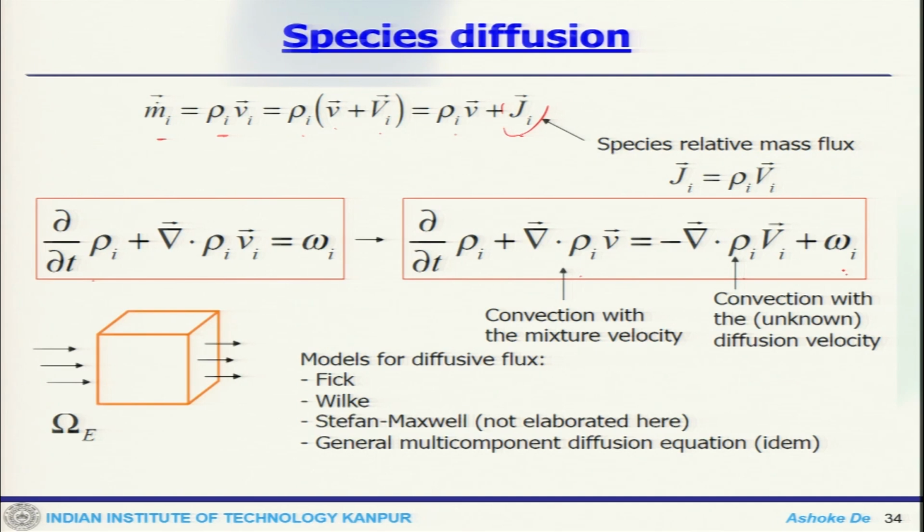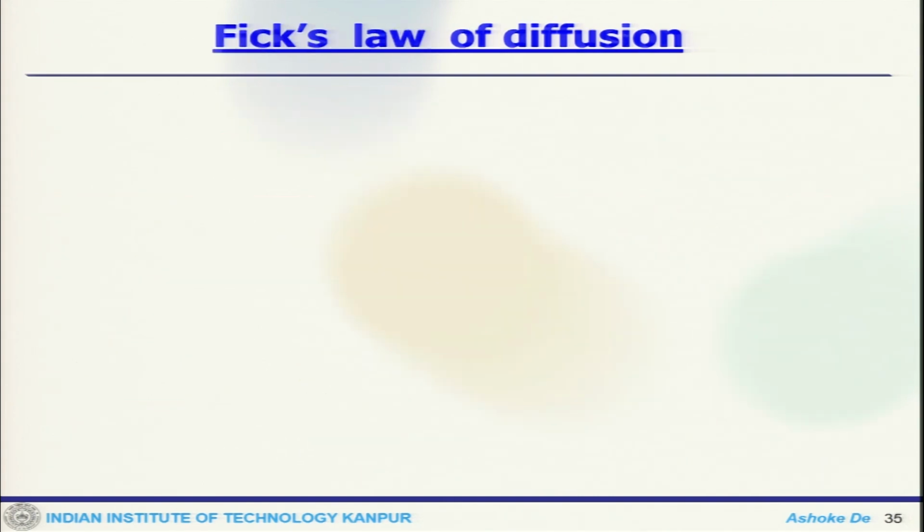Now, for this particular term there are different models for the diffusion flux. There is Fick's model, Wilke's model, Stefan-Maxwell model, and general multi-component diffusion. So, there are different ways one can represent these models.